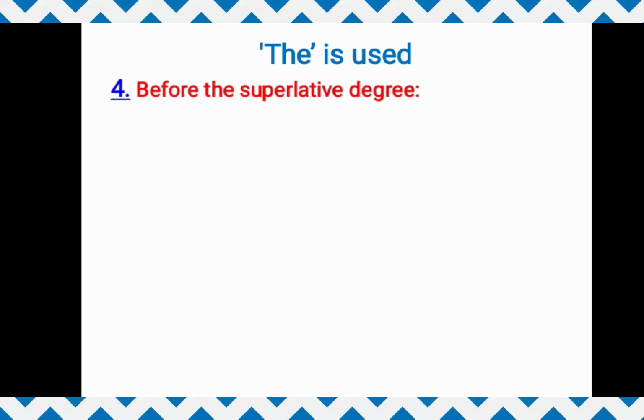That is the fourth use of the definite article "the": before the superlative degree in English grammar. Superlative means best, tallest, greatest.